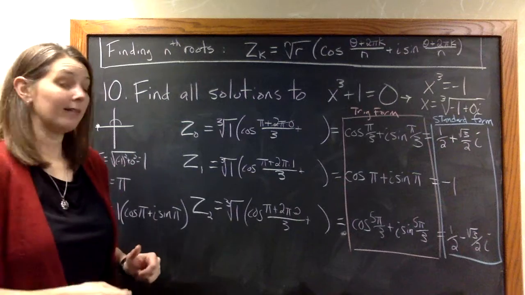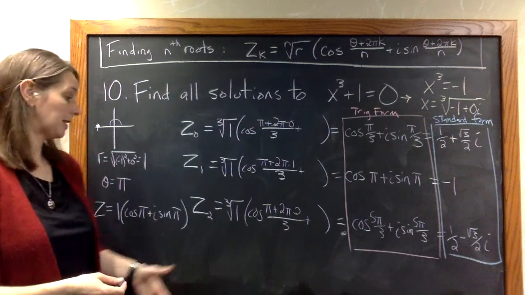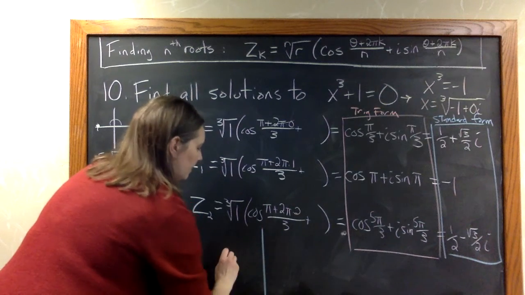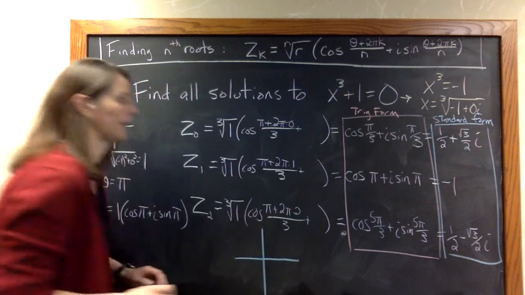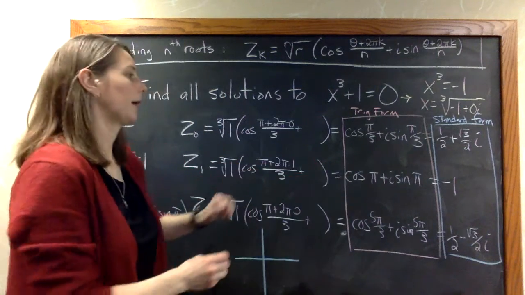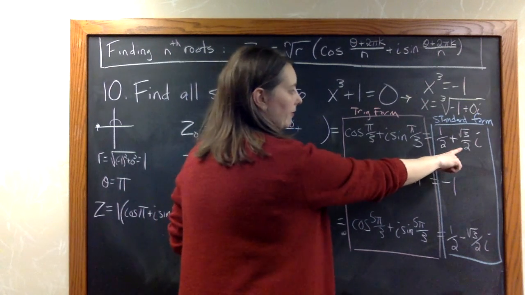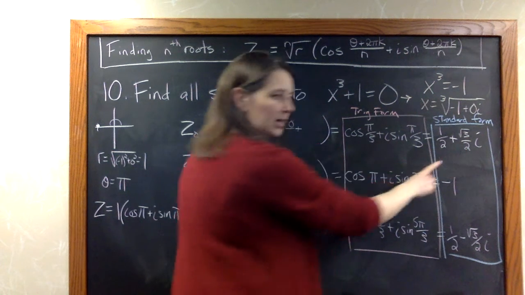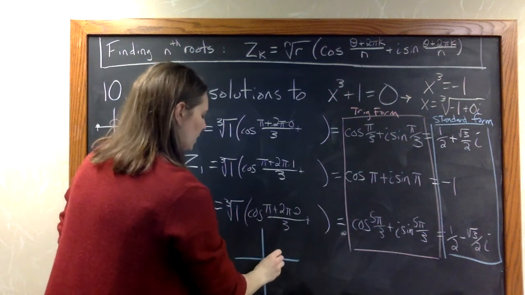All right, so our last step is we want to represent these graphically. There's probably room down here to do that. Okay, to do them graphically, you need to use the standard form. So we're going to graph 1/2 and then root 3 over 2. So obviously that's 0.5. That's 0.866, I believe.